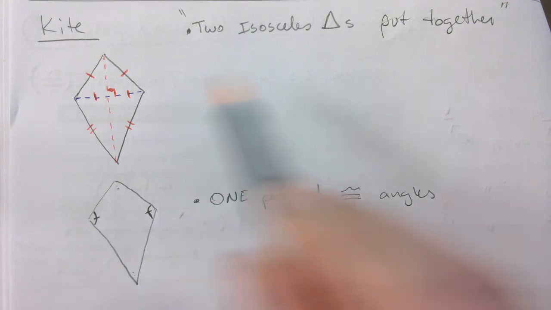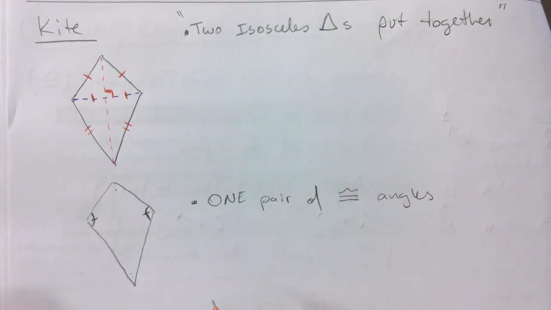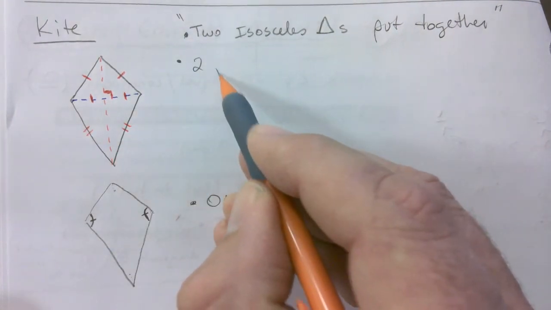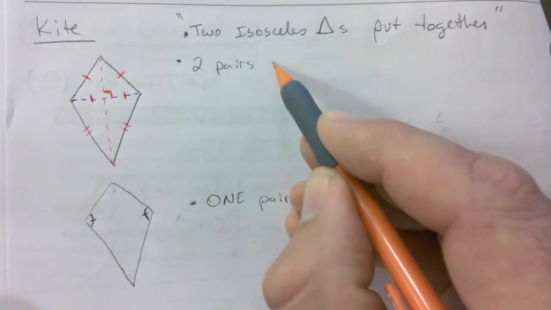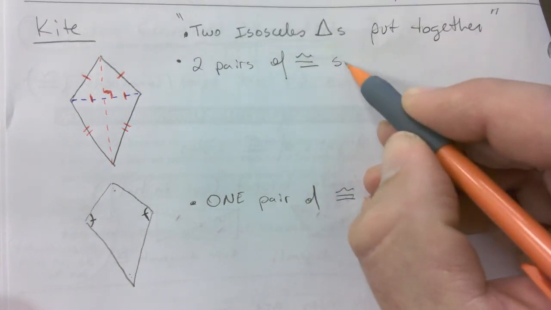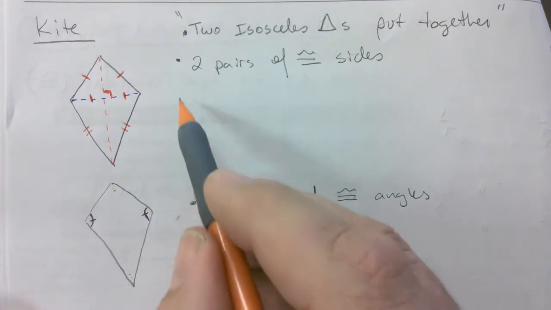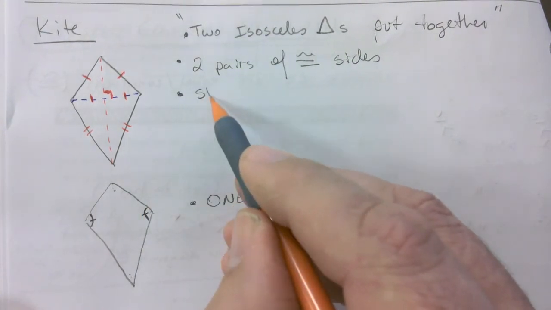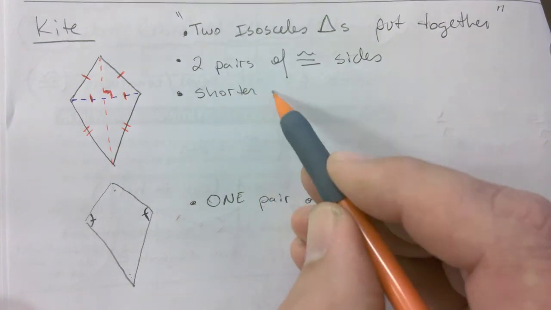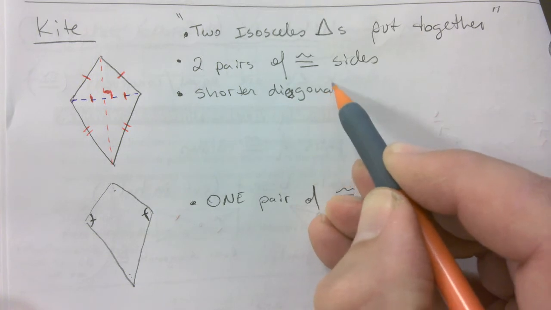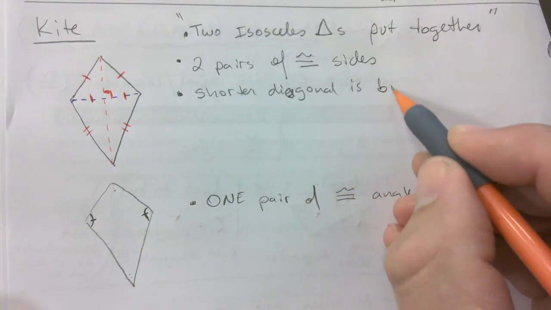Okay, so let's write down some of the properties so you can read it up. Okay, we can say two pairs of congruent sides, shorter diagonal is bisected.